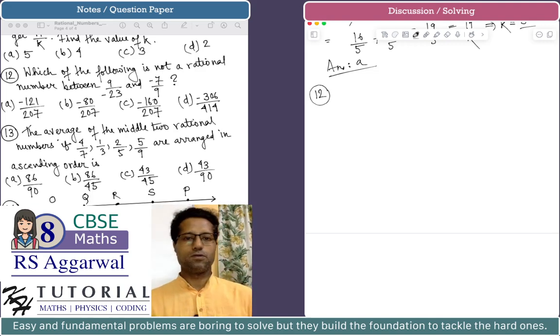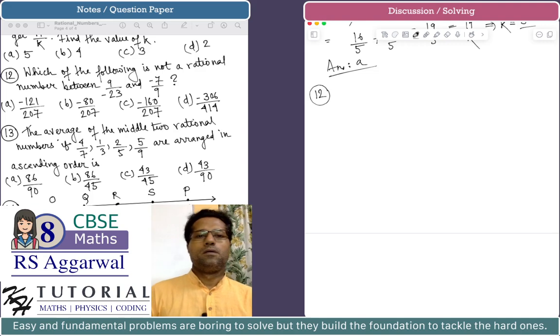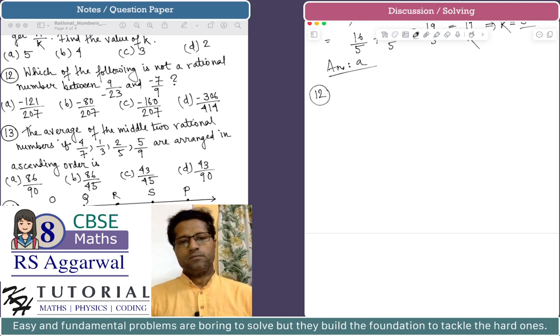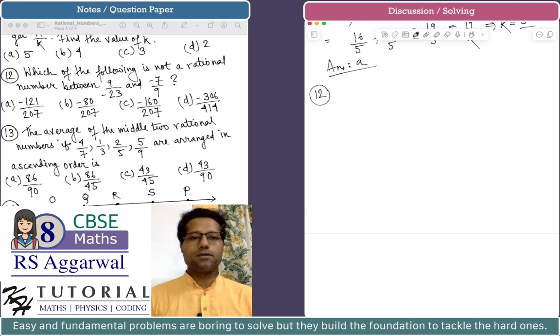Now, the given rational numbers are 9 by minus 23, which is nothing but minus 9 by 23, and it is given minus 7 by 9.